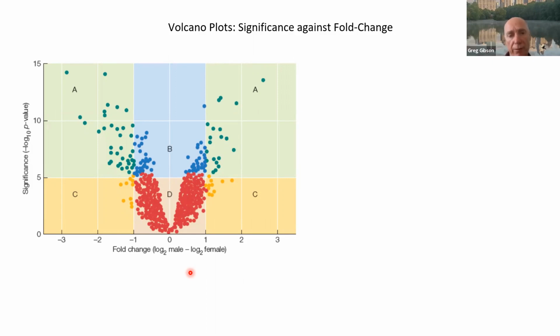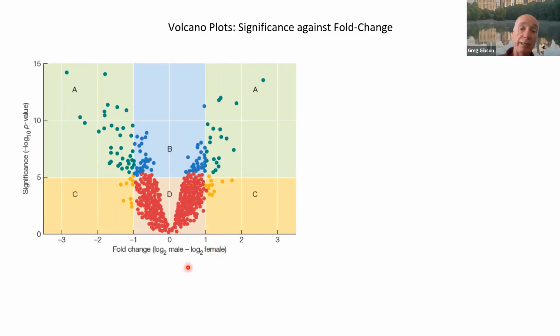So there's no real rules about that, but the important point is that there's nothing magical about 2-fold. You can ask, why do people use 2-fold? I think the answer is that 2 is just an easy number, lazily. But it also turns out that something like 5% of genes in typical experiments are differentially expressed, so just intuitively 2-fold made some sense.